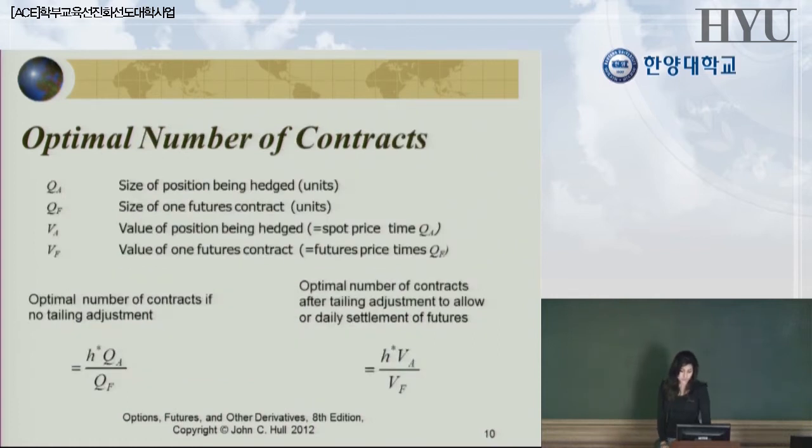Exactly the same thing for the optimal number of contracts. We have the optimal number of contracts, then tailing adjustment, and the optimal number of contracts after tailing adjustment to allow for daily settlement of futures.